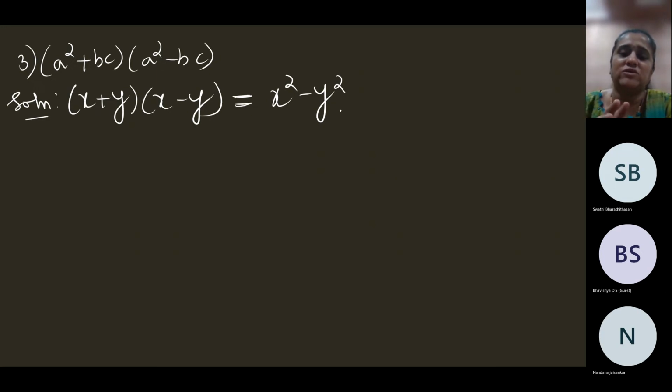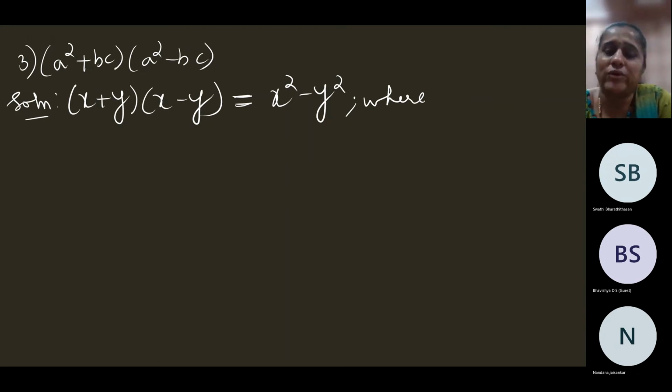You can write the identity both ways, as I told you. How I write it is, I always write the question part first, is equal to the answer. And what is the other thing I told you? Since the question already has the variables A, B, and C, we'll not write A plus B into A minus B is A square minus B square.